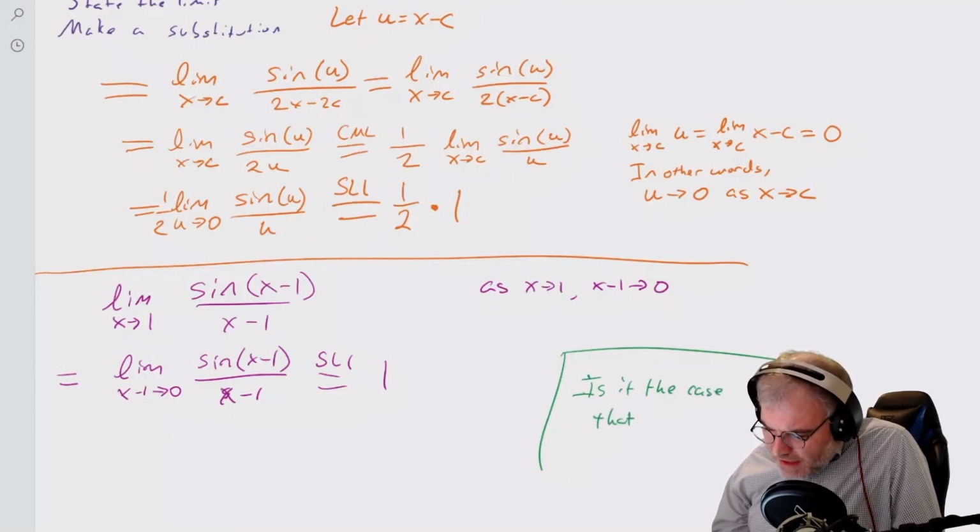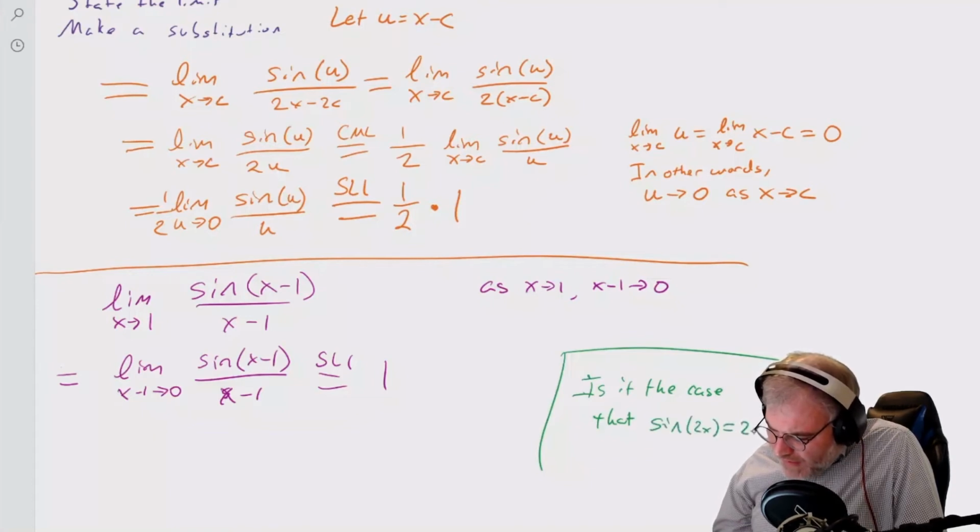Let's say there was a 2 on the inside. Is it the case that sine 2x equals 2 times sine x?